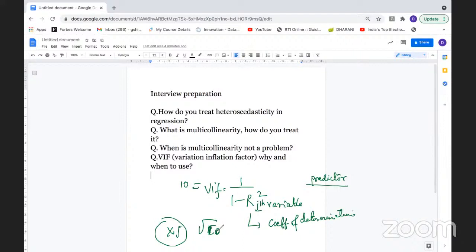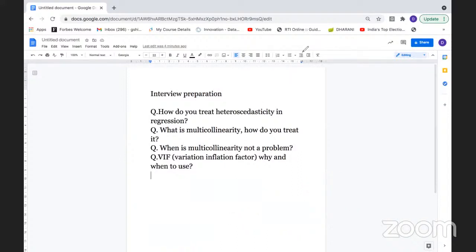So when we are talking about collinearity and correlation, what is correlation and covariance in statistics? How will you explain correlation and covariance?